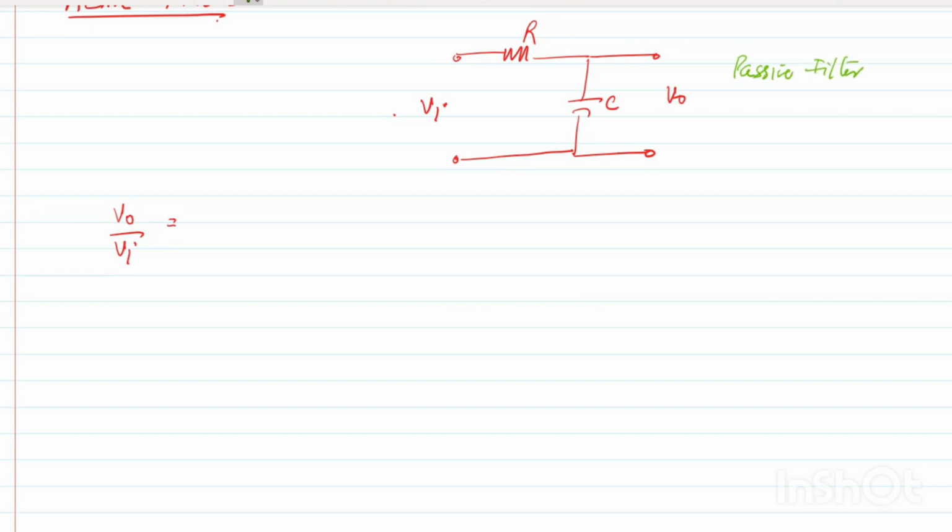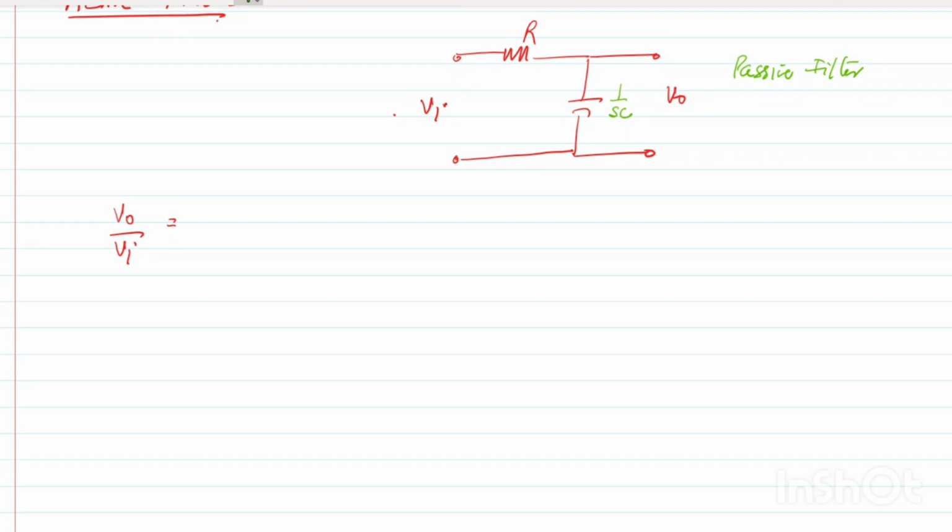What is VO by VI for this? What will I write for C here? I'll write 1 by SC. So VO by VI is nothing but the voltage division rule.